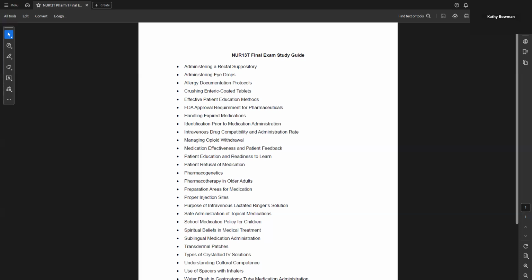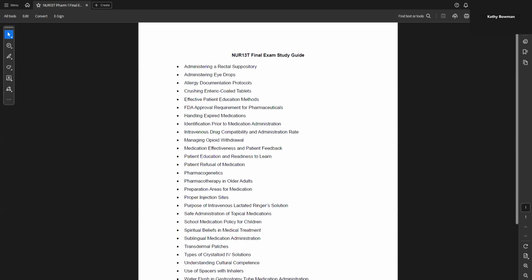Mantu, another term. PPD, what does PPD stand for? Okay, you can Google it, but it's purified protein derivative. So all those can come up on your test, right?